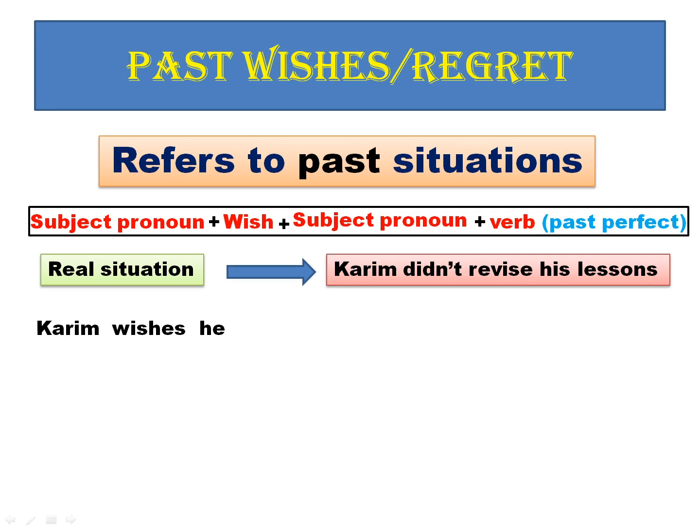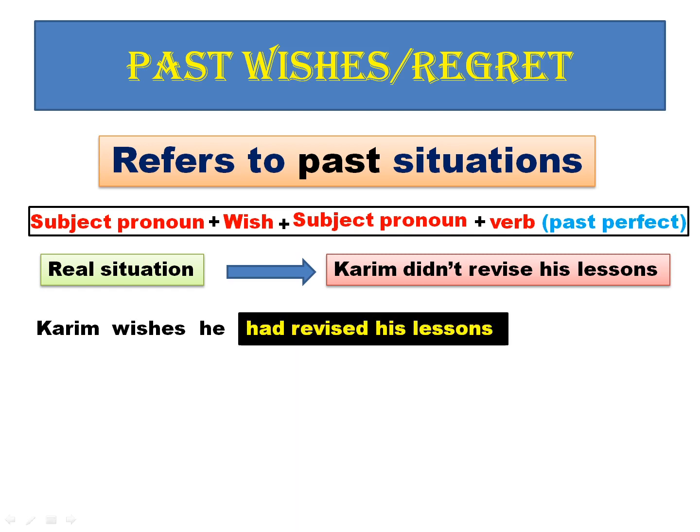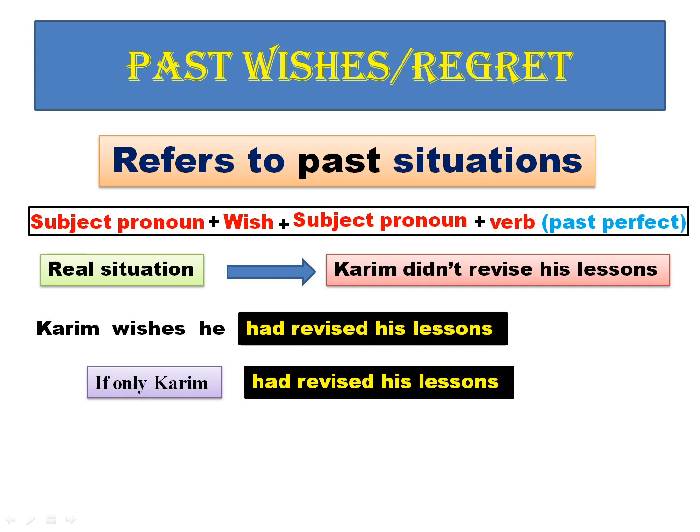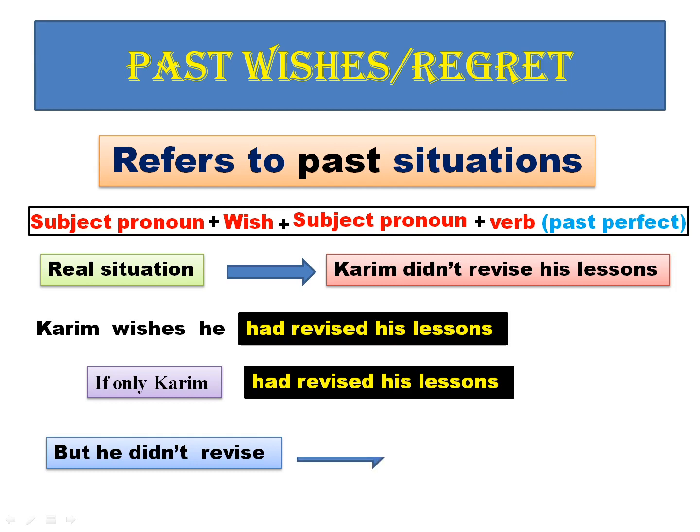Now the verb here is revise, and in the past perfect it is going to be Karim wishes he had revised his lessons. Pay attention here. In the real situation, the verb is negative, but in wish, the verb is affirmative. If only, again, it's the same thing. If only Karim had revised his lessons, but he didn't revise his lessons. Okay? And so he failed. That's the consequence. That's the result.